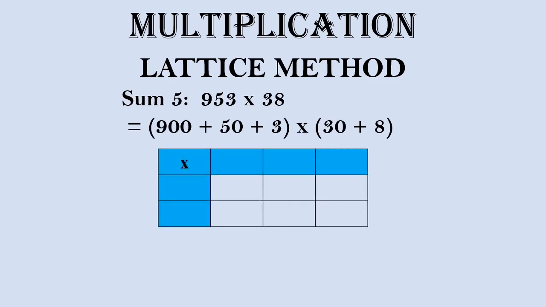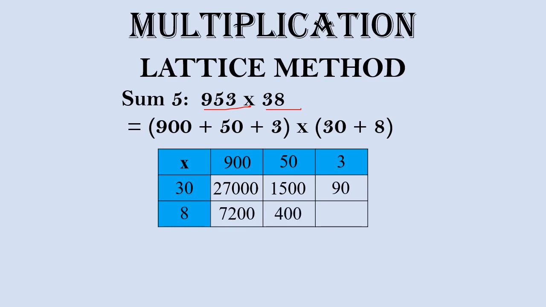Now this is where we have taken a 3-digit number multiplied by a 2-digit number. I explained this to you once again.